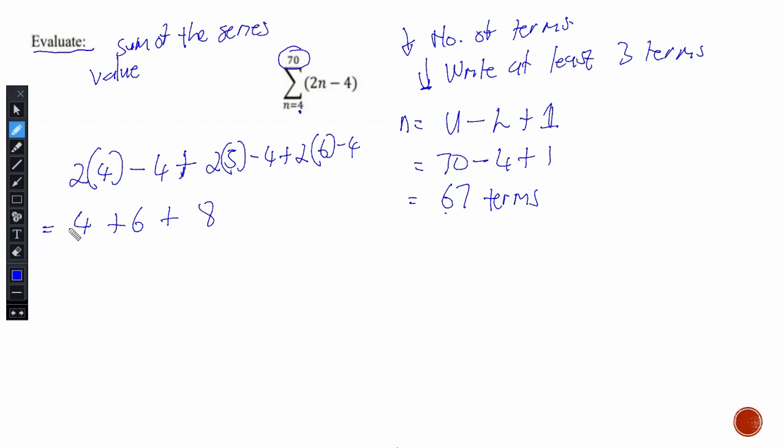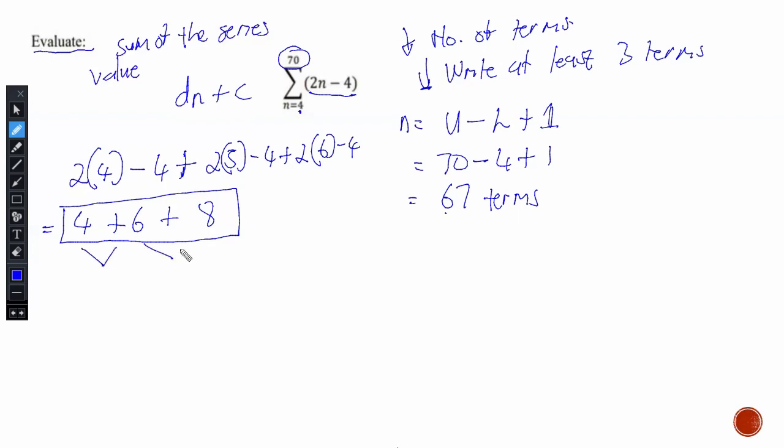Now from this, we can tell that the pattern that we have here is obviously an arithmetic pattern, right? It is easier to see that it's an arithmetic pattern because this is in the format of dn plus c. It's quite obvious, but you still need to prove that by expanding at least to 3 terms so that you can be sure.